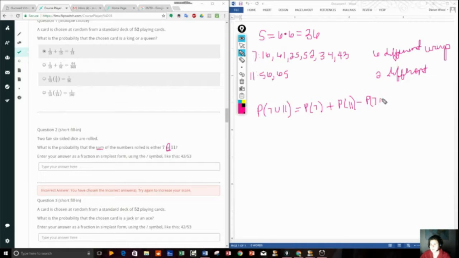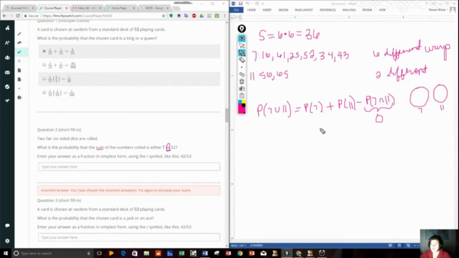So in my head, this is what I see. Here's all of the ways to make a 7, and here's all of the ways to make an 11. They do not share any of those same ways, so there is no intersection right here. That means that's a 0. So this part is always included in your formula. It's just 0 when there's no intersection, when they're mutually exclusive.